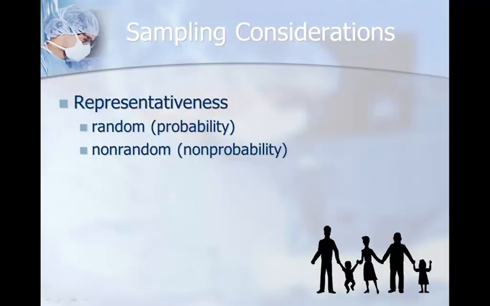A non-random sample is your convenience sample, much like that quasi-experimental example with the elderly with the bowel problem. And then generalizability is the degree to which the research findings can be generalized from the sample to the entire population. So what you should ask yourself is, could the research on this be generalized to all?